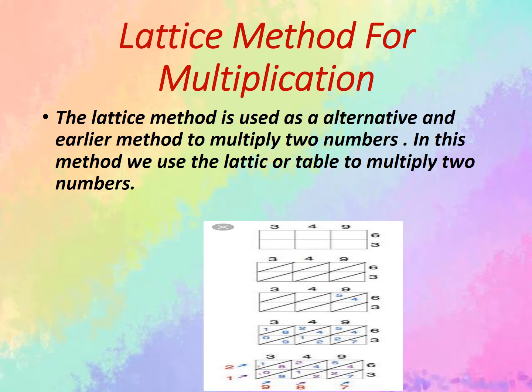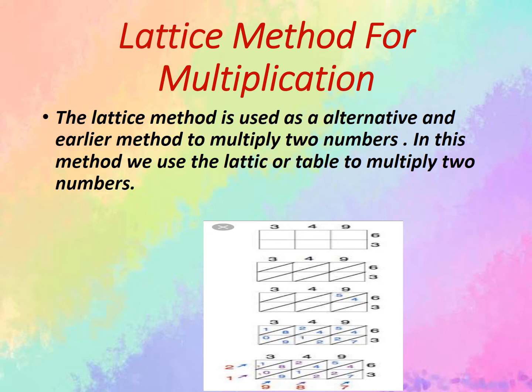On the upper side, you write down the multiplicand, and on your right hand side, you write down the multiplier. Now, the product of the digits, and then you write down the product in those cells. In a cell, on the upper side you write the tens and on the lower side you write the ones.